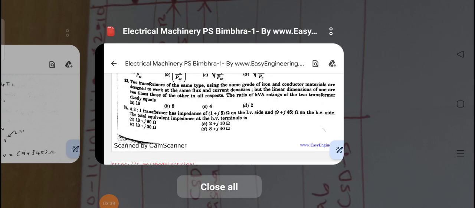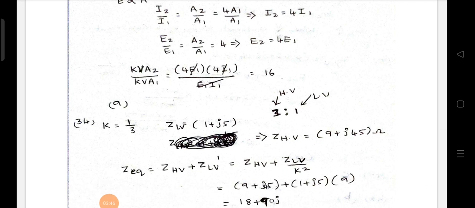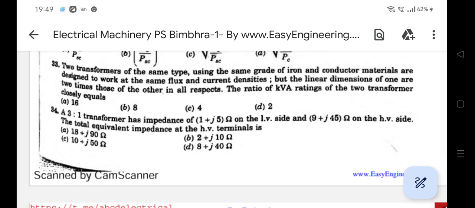Now see here, from the given question, first what is given? K is nothing but the transformation ratio. N1 to N2 is 3:1, but the transformation ratio K is N2 by N1, that is 1 by 3. LV impedance is given as 1 plus j5, HV impedance is given as 9 plus j5. The question asks for the equivalent impedance at the HV side terminals.